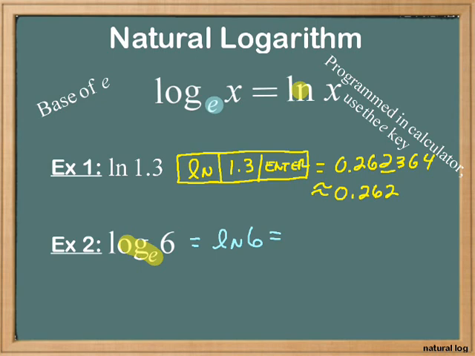Go ahead and give it a try. You got 1.79175, and that rounds to approximately 1.792. We finally had to round up. All right, so natural logs are base e, and instead of writing log base e, we write ln instead.